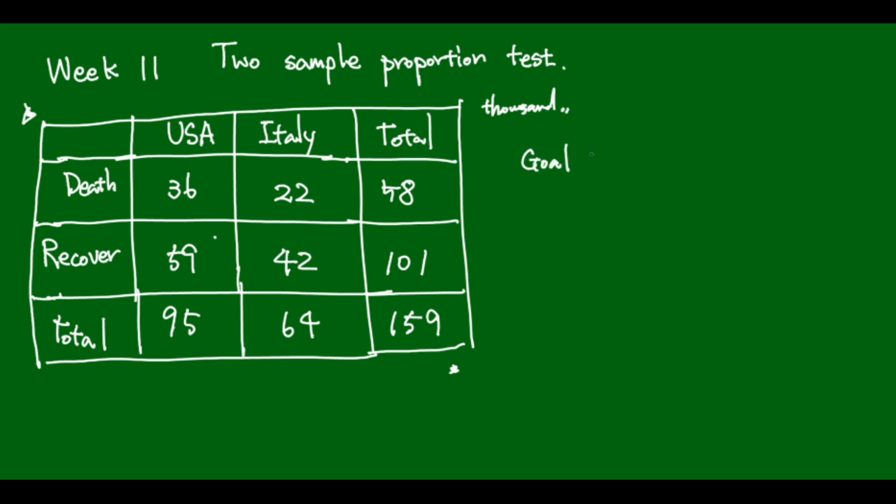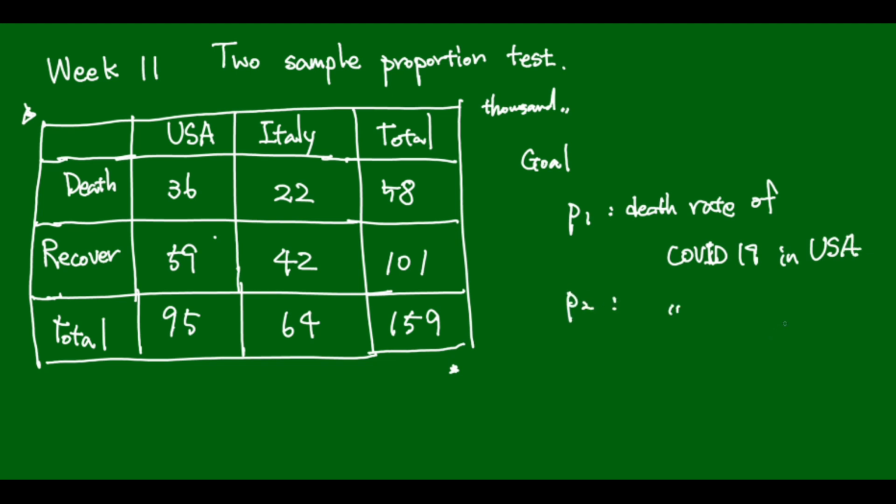Okay, so our goal is to compare, let's say P1 is the death rate of COVID-19 in the USA, and P2 is the same in Italy.